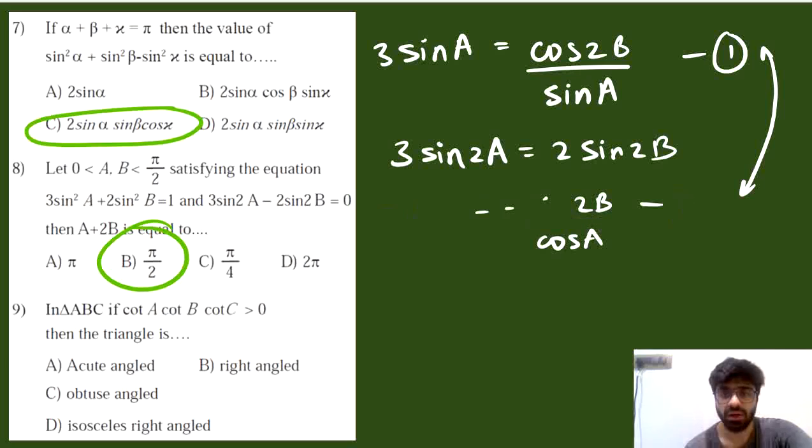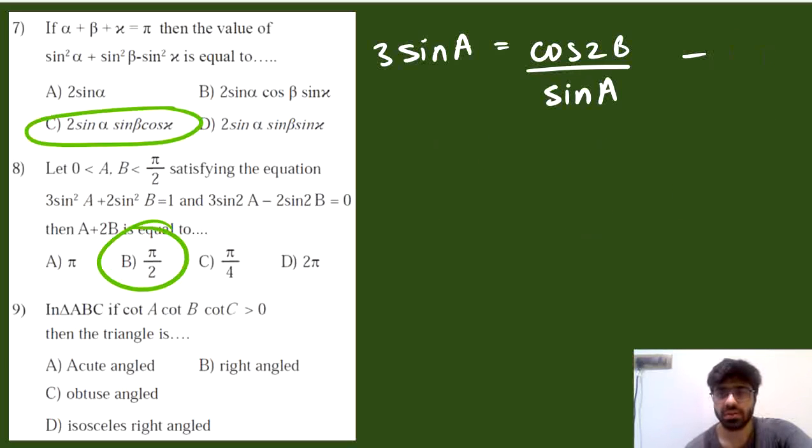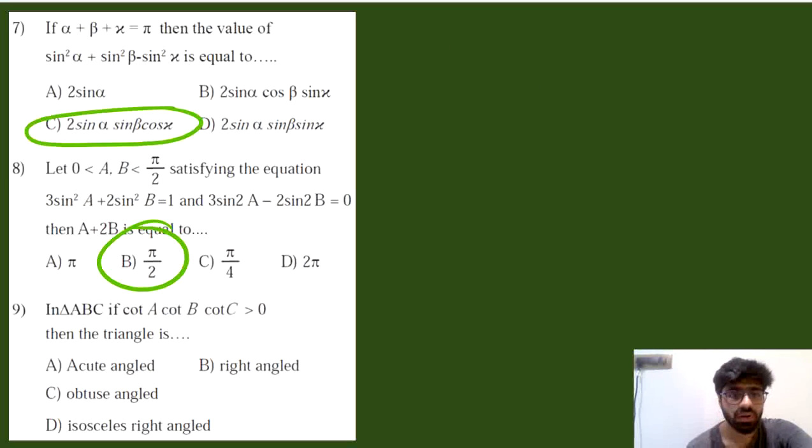Go ahead with the ninth one. And the ninth one says, in triangle ABC, cot A into cot B into cot C is greater than 0, which means all of these angles are acute. If it would have been an obtuse angle triangle, then one angle would have been obtuse and the other two would have been acute.